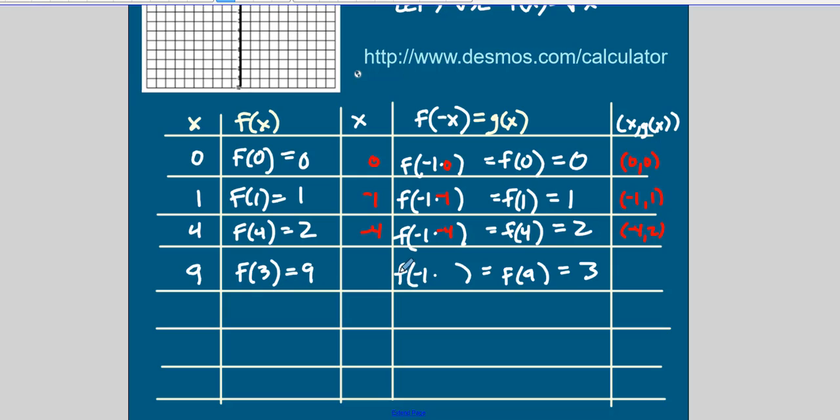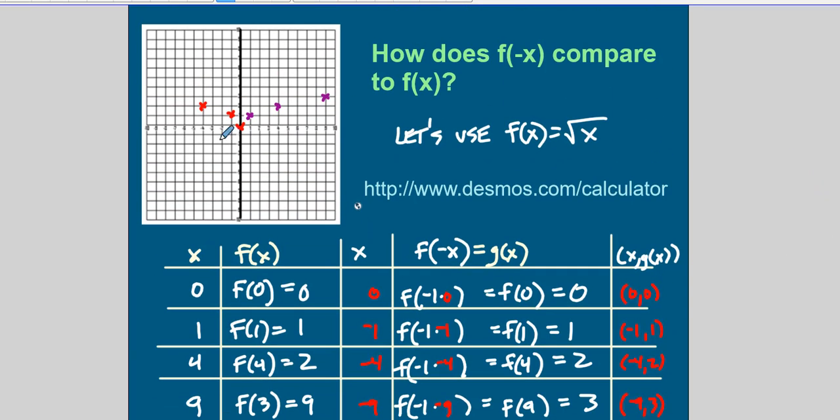So square root of 9 is 3. But to get 9, and I have -1 here, this is going to be -9, so this is going to be (-9, 3). Which puts us right here. And you can see that these graphs are mirror images of each other along the y-axis, which is the equation x equals 0.